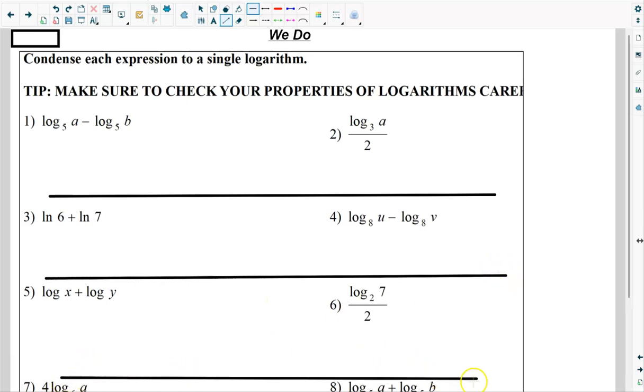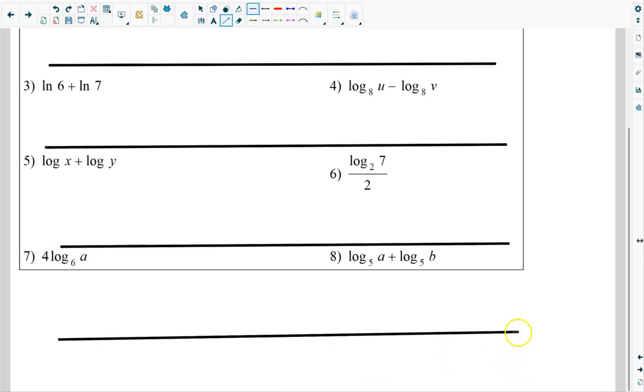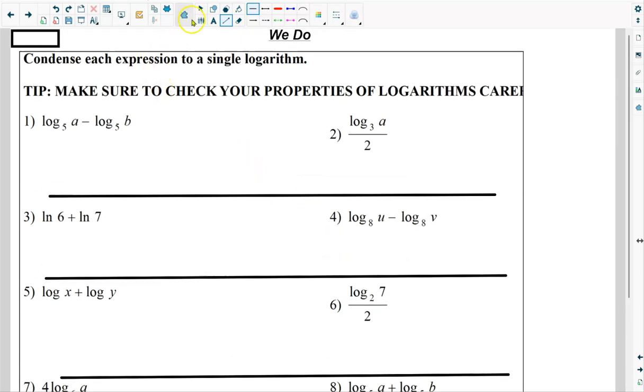We're going to show you how to use correct notation. You guys have been doing awesome, but pretty much all of you do a little something different than what should be on there. So if I'm going to use the quotient property, I'm going to have my log on the line. The base should be underground here. Then I have A over B, and I'm taking the log of all of that.